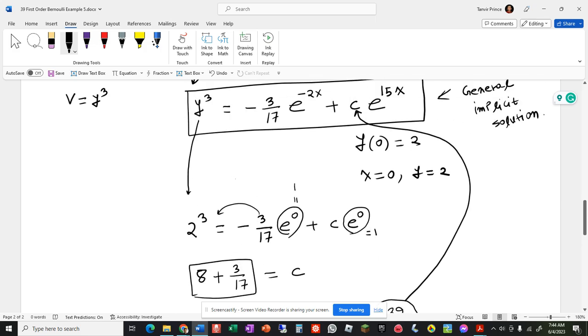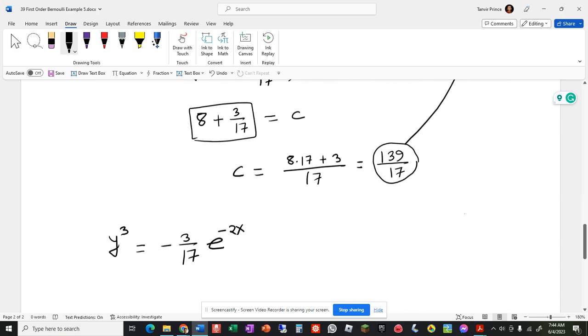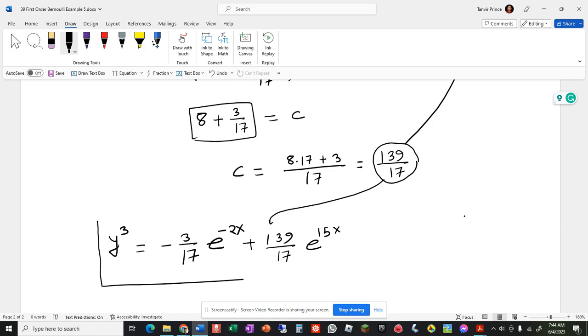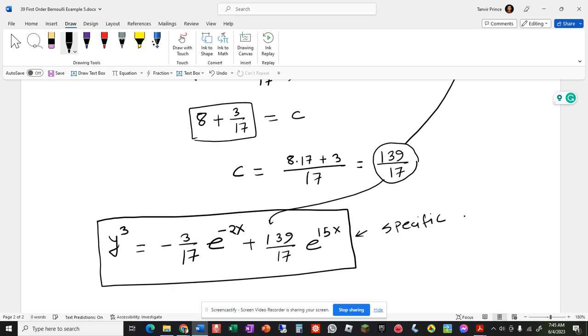And then I have plus c e to the 15x, but my c is this. So plus 139 over 17 e to the power 15x. And that's my final specific solution.